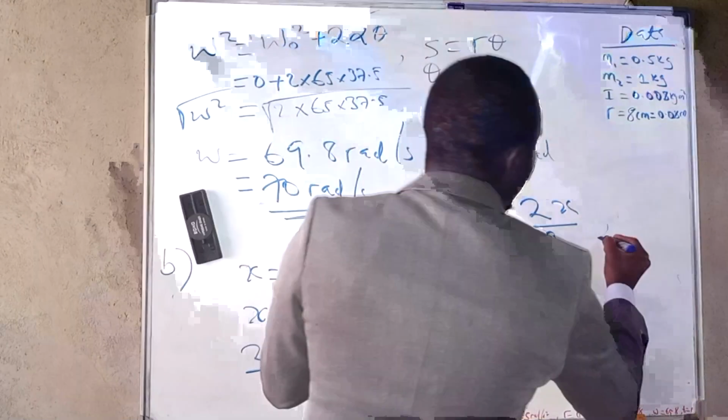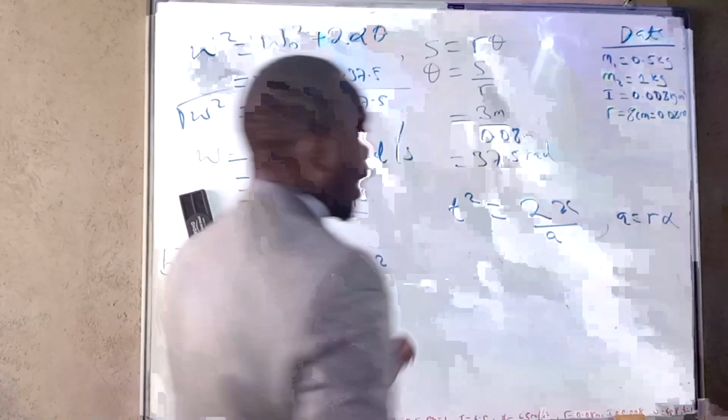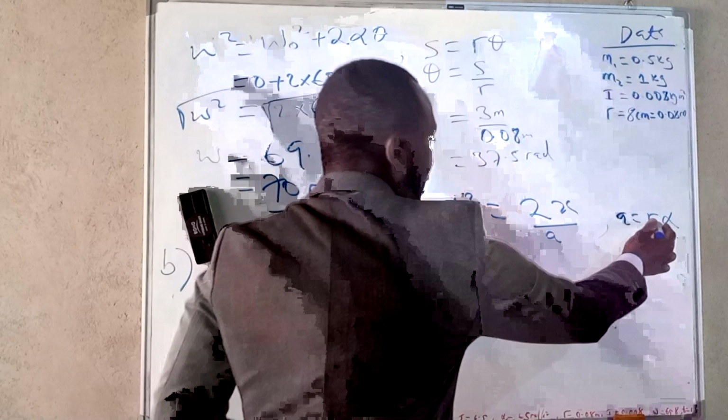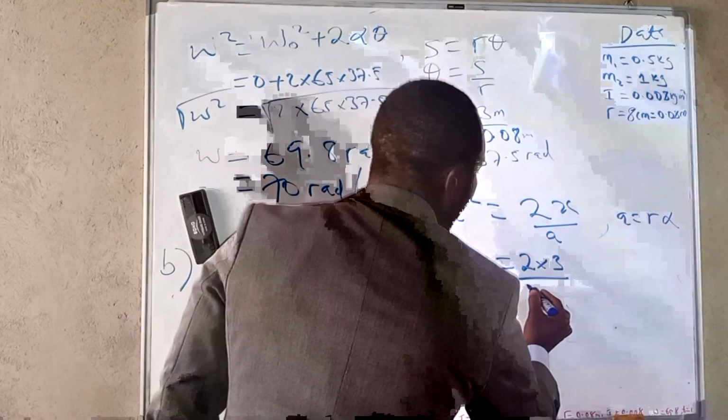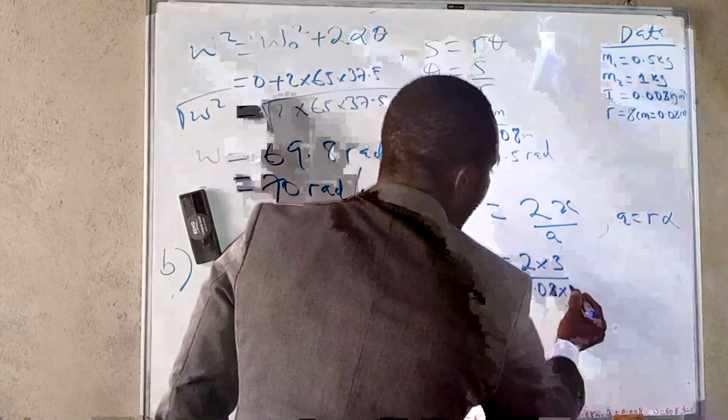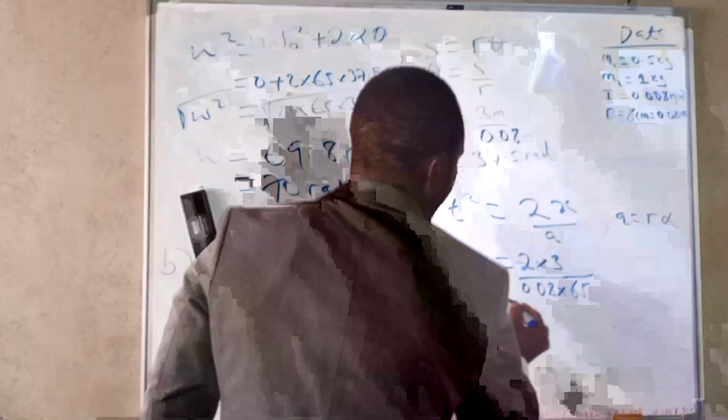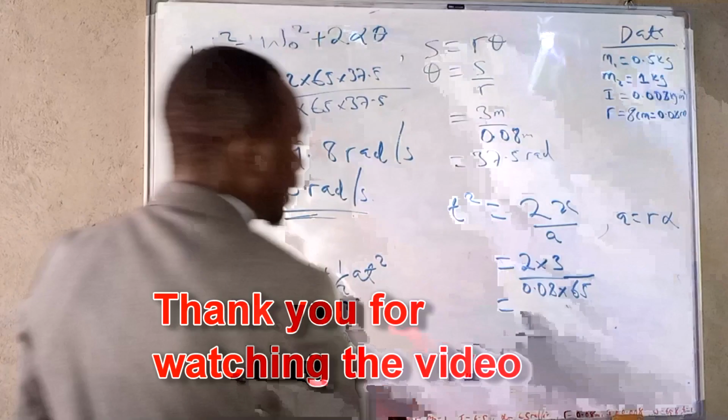But a is equal to R alpha, the angular acceleration times R. So we have 2 times 3 over 0.08 times 65. Punching this on a calculator and figuring out everything, we get 1 second as the time.